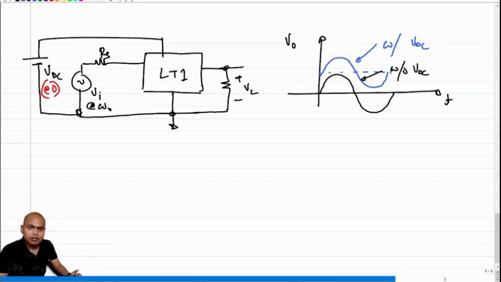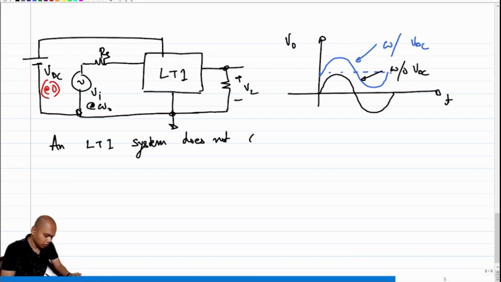If that doesn't happen, then naturally the amplitude of the sinusoid cannot increase. And as we know from the basics of LTI systems, from basic circuit theory courses, an LTI system does not cause any shift in frequency of a signal.